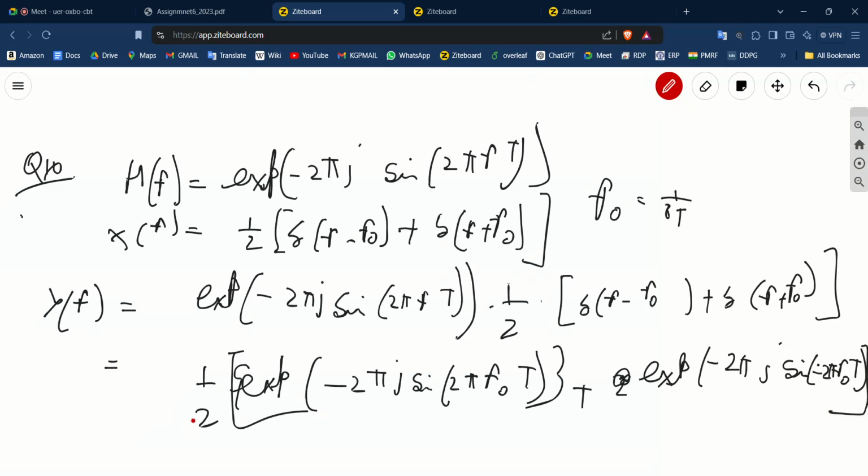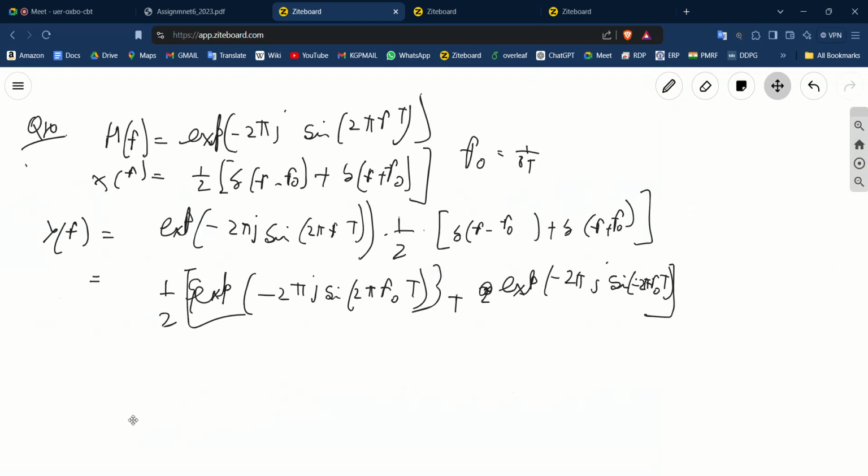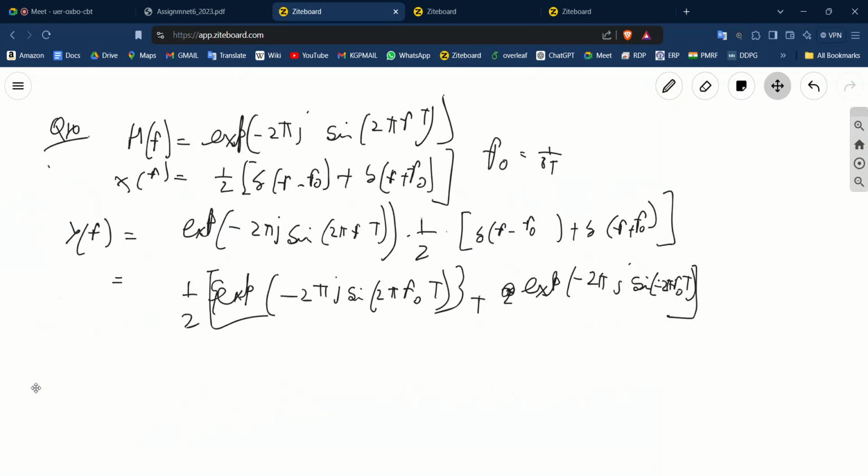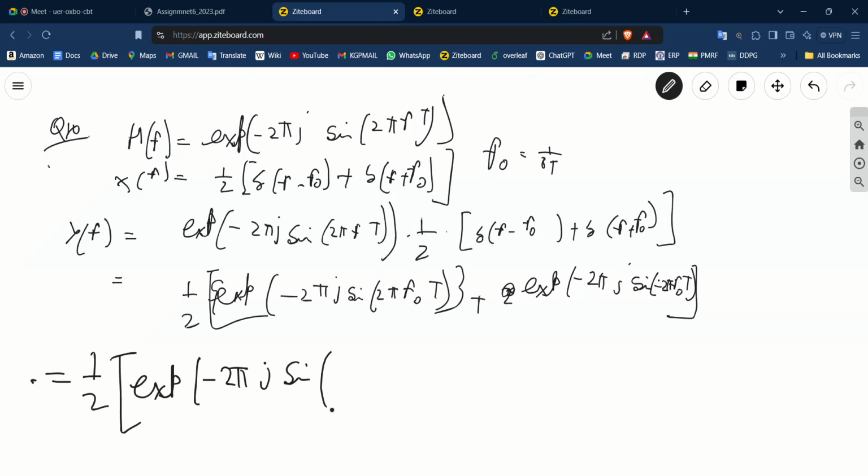So this will be half exponential minus 2 pi j sine 2 pi f naught, where f naught is 1 by 80. So putting that, we get sine pi by 4. And here we will have a plus exponential plus 2 pi j, because this negative sign will come out, so it will be plus 2 pi j.